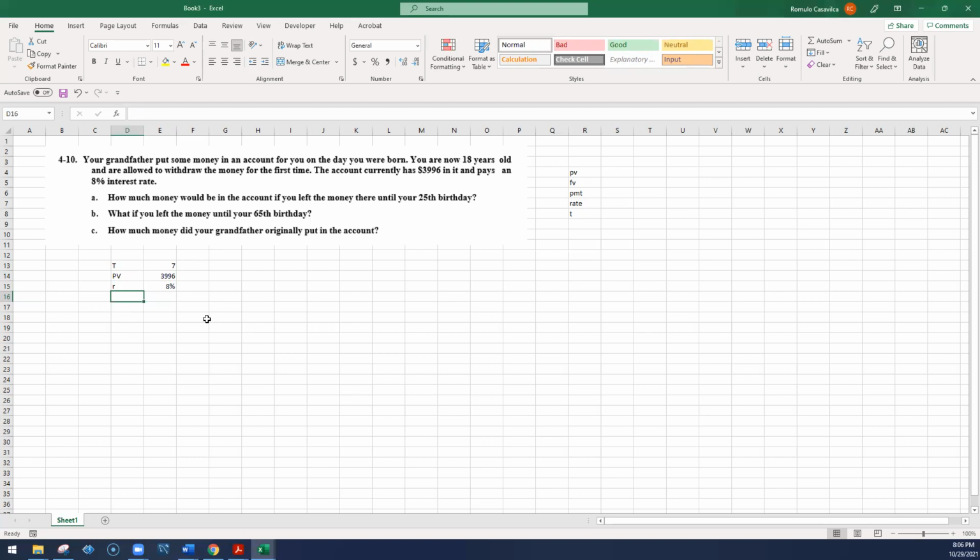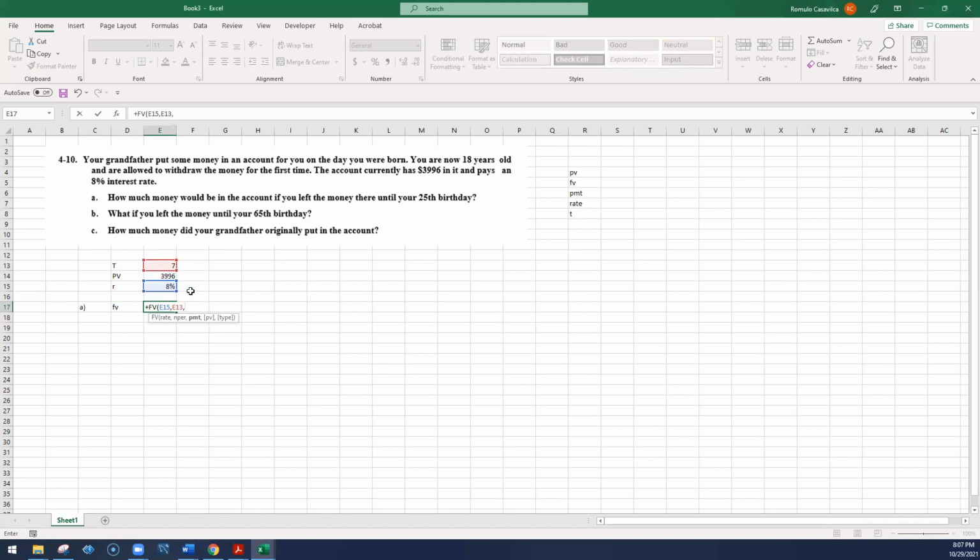For A, we need to find the future value of this. There's an Excel formula for future value, just put FV. We have the rate, number of years, 7 years. Keep in mind the rate and the time must match.